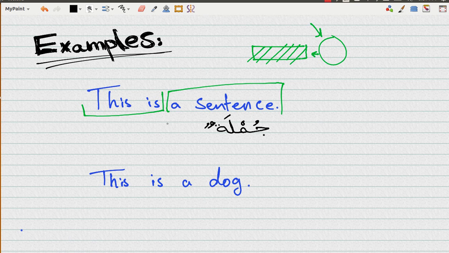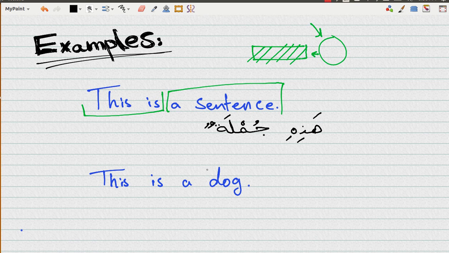And this, or this is, are both translated to هذا, or in this case, because جملة is feminine and singular, هذه. هذه جملة. This is a sentence.